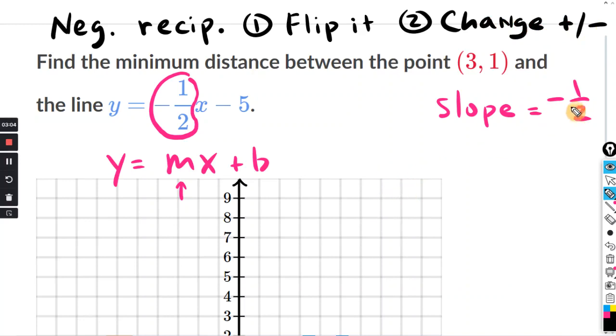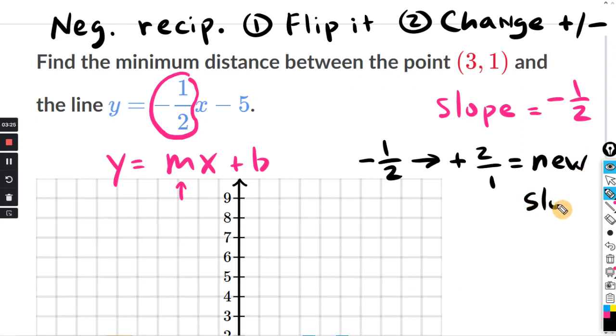All right, so let's take the negative 1/2, flip it, so you keep the sign for now and flip this. It's going to be 2/1, and then change the plus minus sign, so it's positive 2/1. Okay, and this is going to be the new slope. All right, so that's the first two steps. Find the slope, take the negative reciprocal. We got that out of the way.